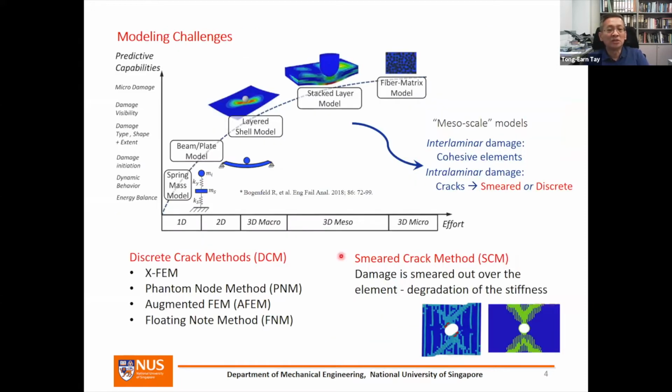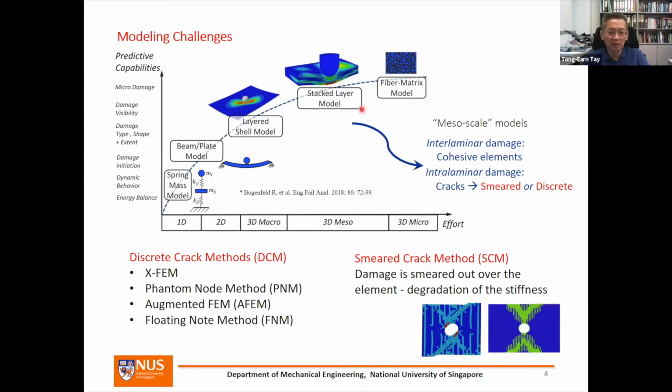So in modeling, you can start from a very simple beam-like model to layered shell model or stacked layer model, or in this case, this is usually called a mesoscale or the ply level scale, and then right up to micro scale, which is a fiber matrix modeling.